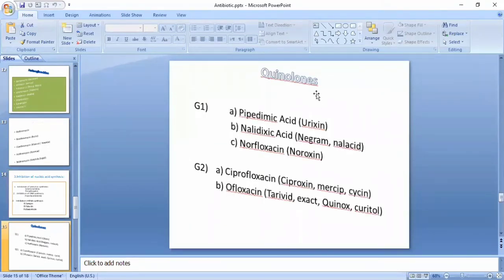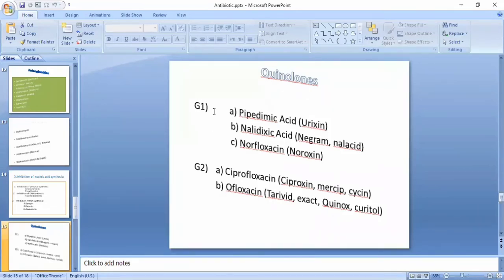They are also known as the quinolones, and again the quinolone drugs are very effective for bacterial infections, and they are divided into different generations. Likewise, the cephalosporins, the quinolones also have different generations.